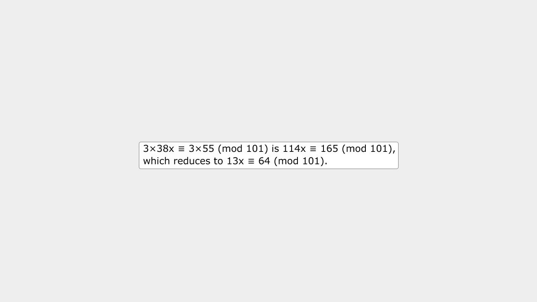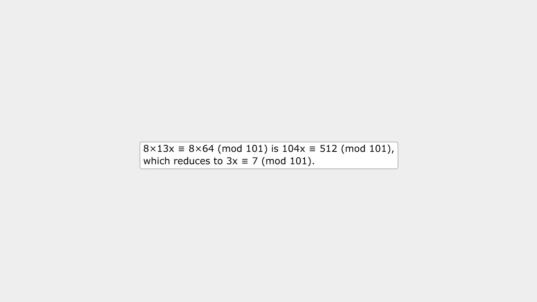Take the congruence 38x is congruent to 55 mod 101. We know 101 divided by 38 equals 2.658, so we multiply the congruence by 3 and then reduce it modulo 101 like this. Notice that the coefficient of x was reduced from 38 to 13. This can be reduced again.